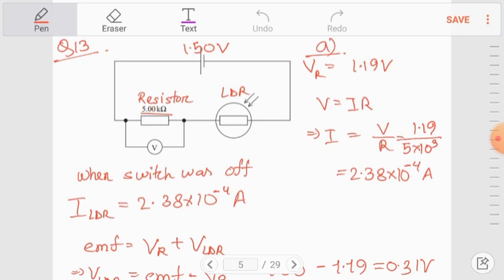So as resistance decreases, voltage also decreases. Now, when the lights were on, the voltage reading of the voltmeter would be very small, less than the resolution of the voltmeter, and that's why it would be harder for her to determine the value of the resistance. Let me explain it in math form.